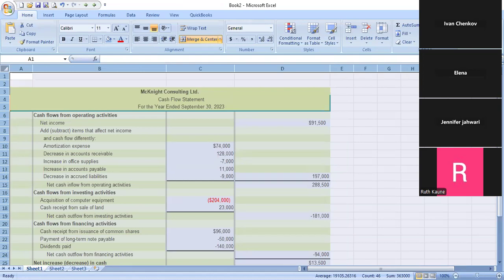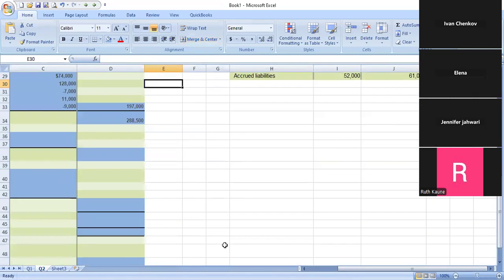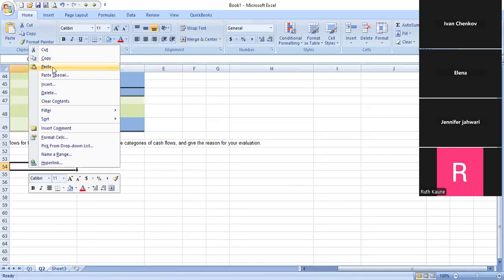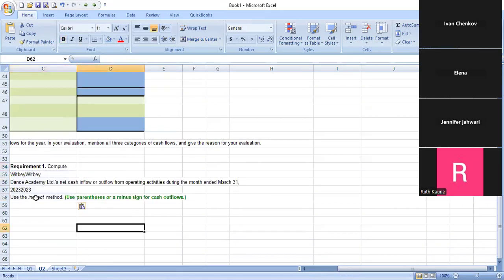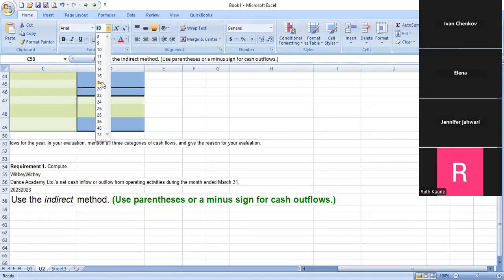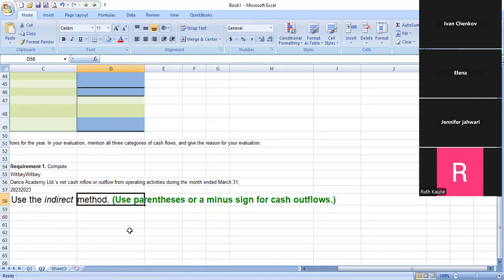On the question, you see this. Let me go here and I'm going to paste exactly what it says in the requirements. Can you see this? This part only. Use parentheses or minus sign for cash outflows.